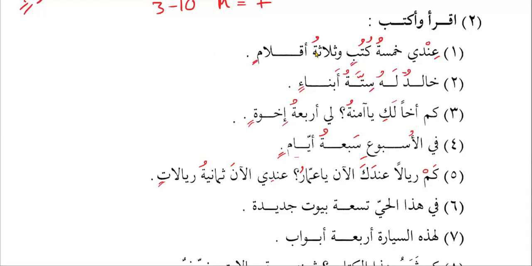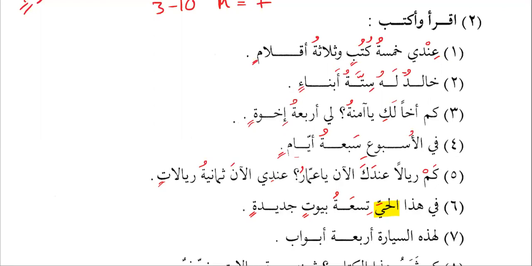إسماعيل تفضل. في هذا الحي 9 بيوت جديدة. ما معنى الجملة؟ حي can mean area or district.